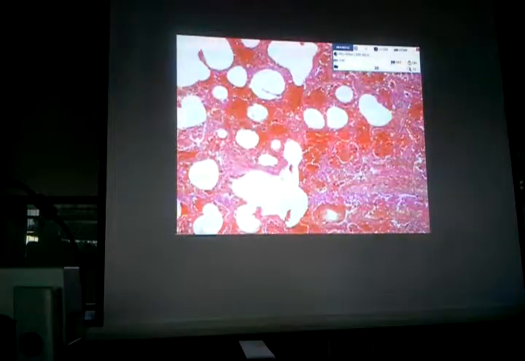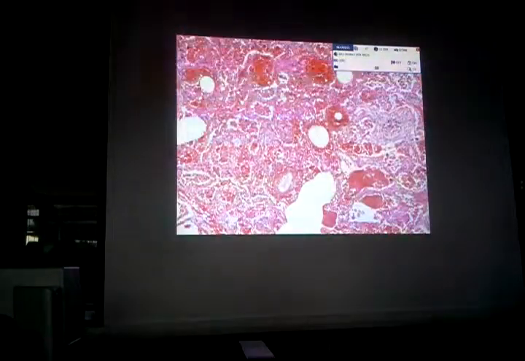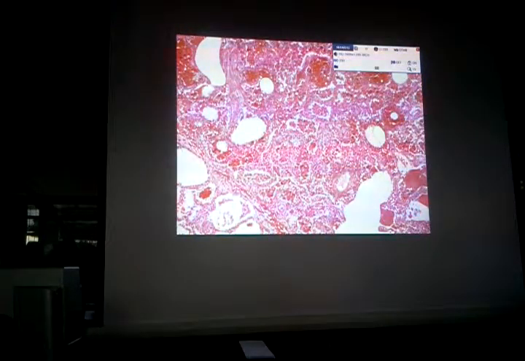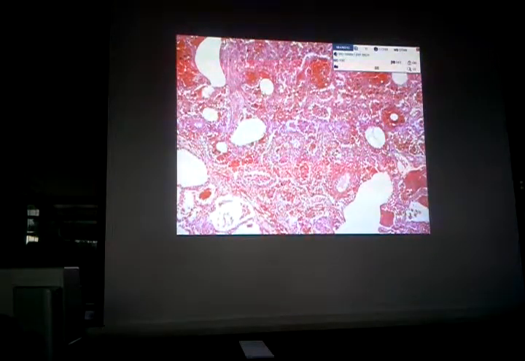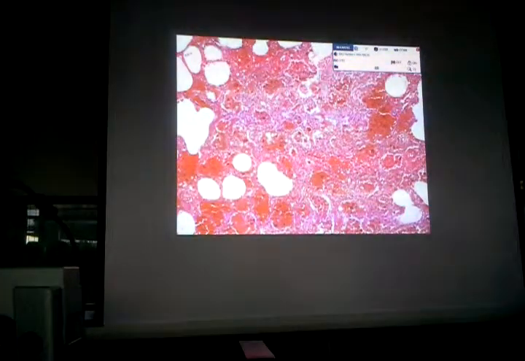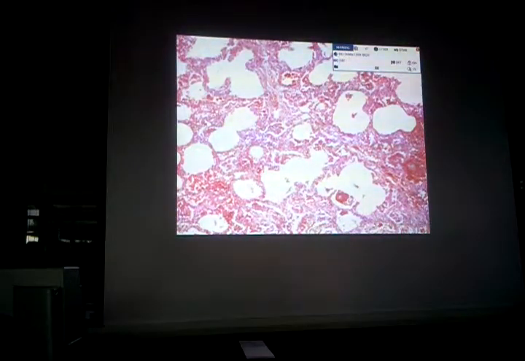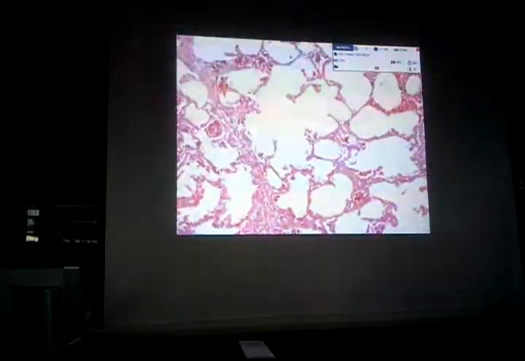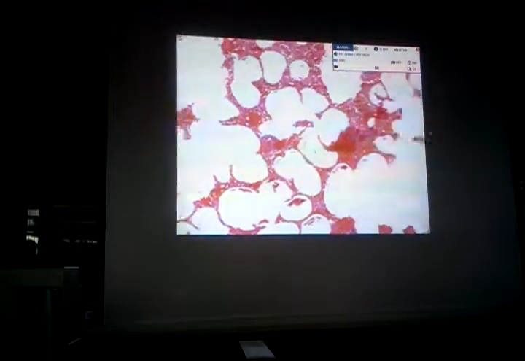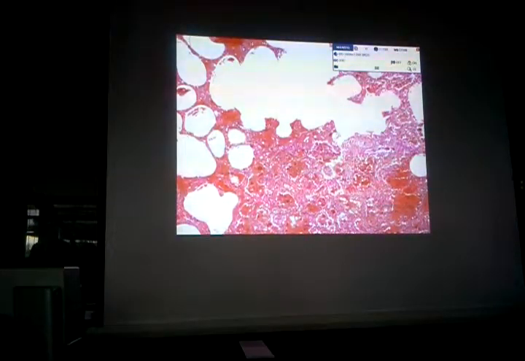Now, characteristic feature of the abnormality of this slide is the presence of the red blood cells inside the alveolar spaces. Why will the red blood cells escape the blood vessels in Goodpasture's? What particular tissue is affected in Goodpasture's?